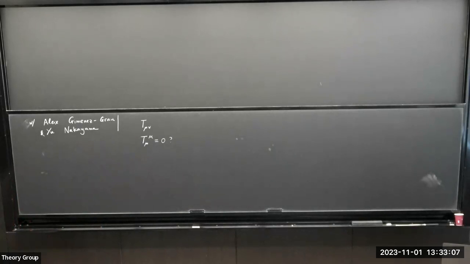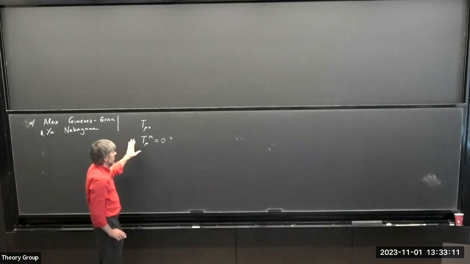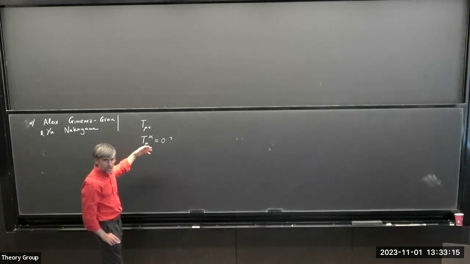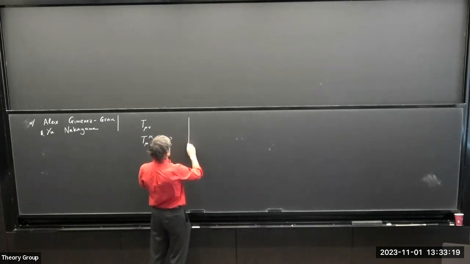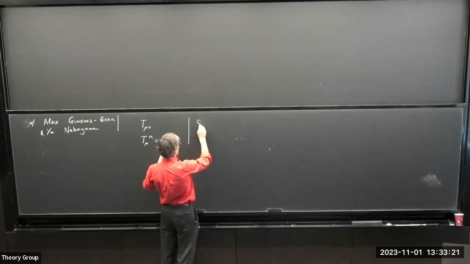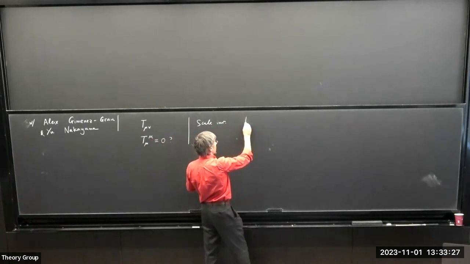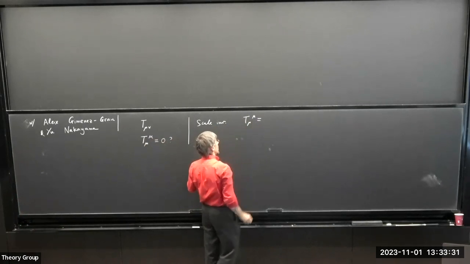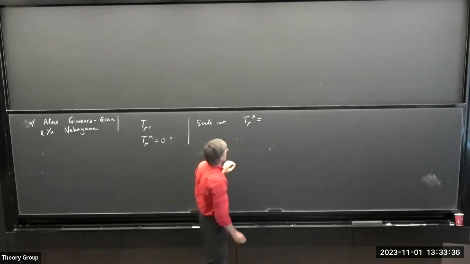In fact, this statement, even though it occurs in textbooks, is actually not correct. So let me give you a more correct statement. The correct statement is that for scale invariance, the property that you are supposed to have is that the trace of the stress tensor is not necessarily equal to zero. That is just a special case.